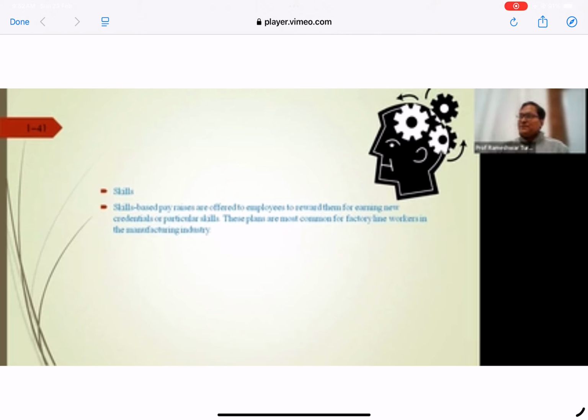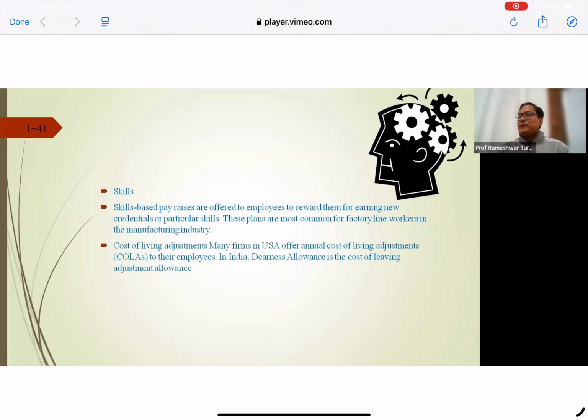Only if you do a certain skill set, they will give the training budget. You have to search, you have to enroll, do it, then only there will be a change in your pay package. Otherwise, no. Okay. But when companies design this skill-based basic pay change, they have to ensure which skills employees are learning. It should be related to their company. It should be useful to their company.